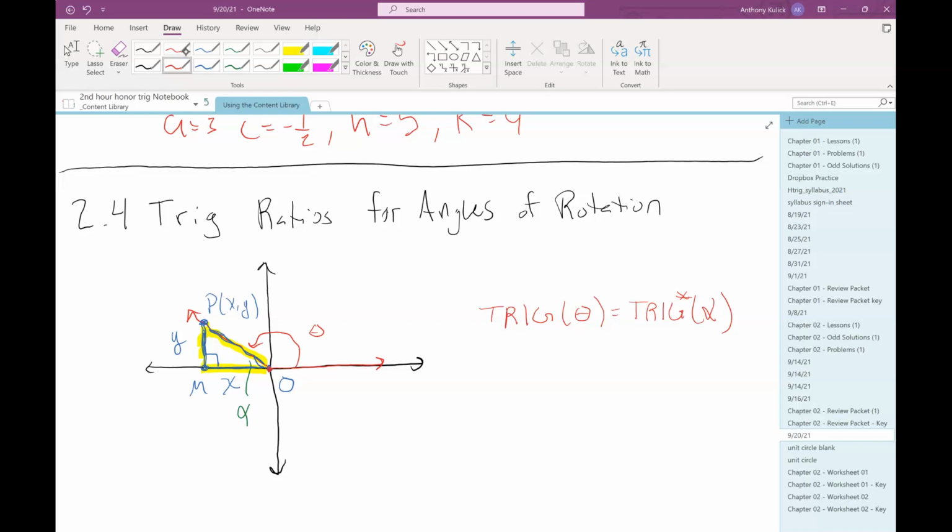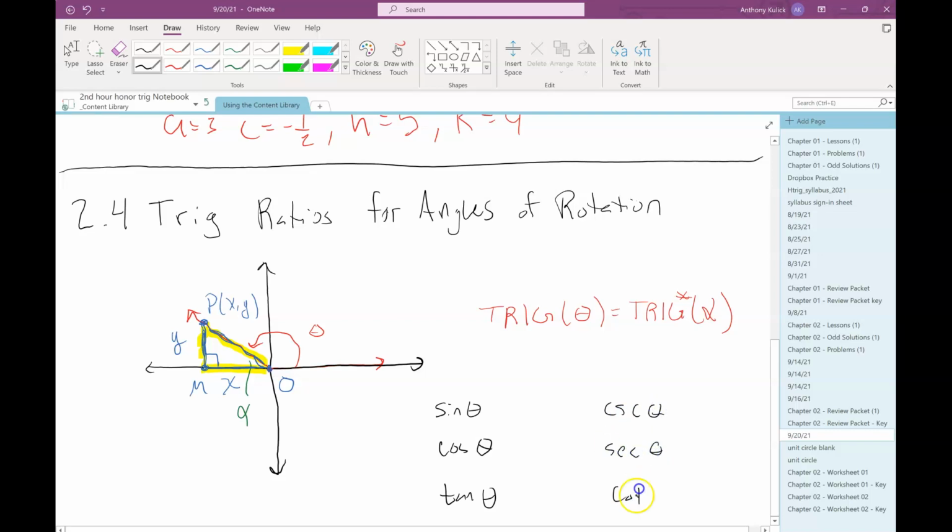So what we can say then is that, for example, if we take our 6 trig functions, sine, cosine, tangent, cosecant, secant, cotangent, we can now define them in terms of the coordinates of this point P. Almost. There's one more side for P that we forgot to write down. What's the length for PO?